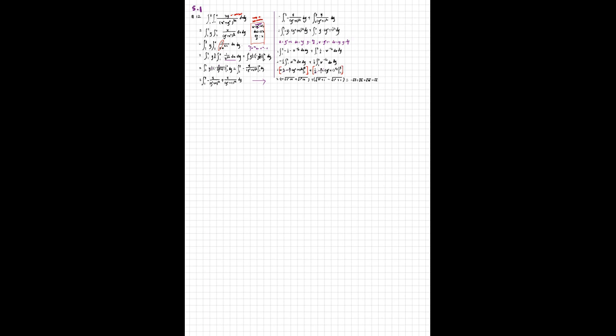So I got the integral from 1 to 3 of negative 1/2 times u to the negative 1/2 du, plus the integral from 1 to 3 of 1/2 times v to the negative 1/2 dv.